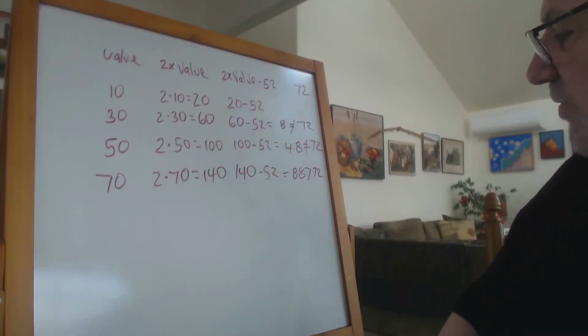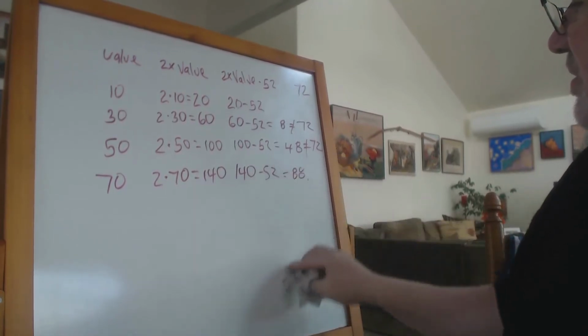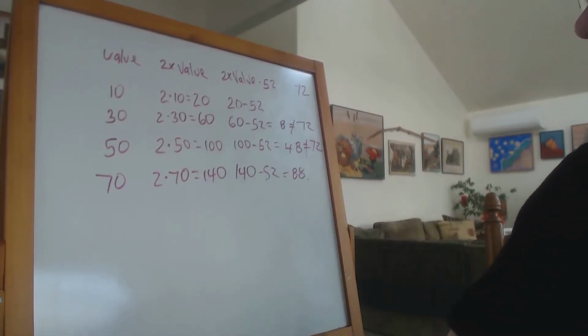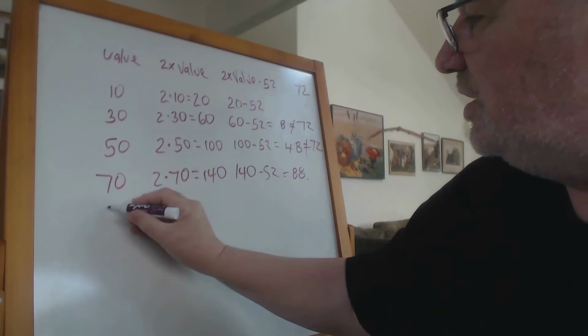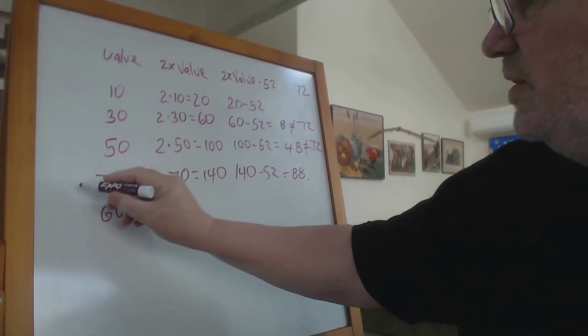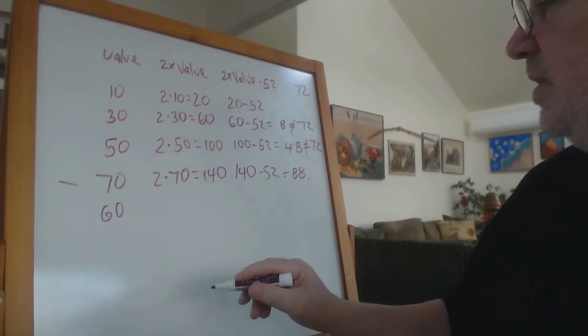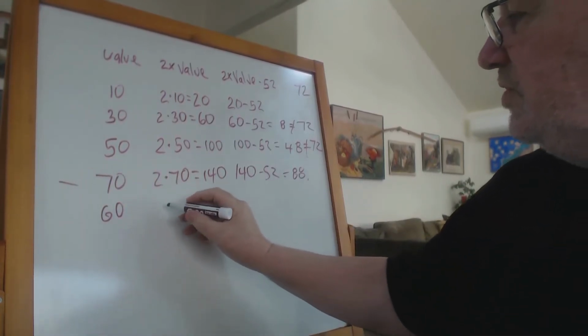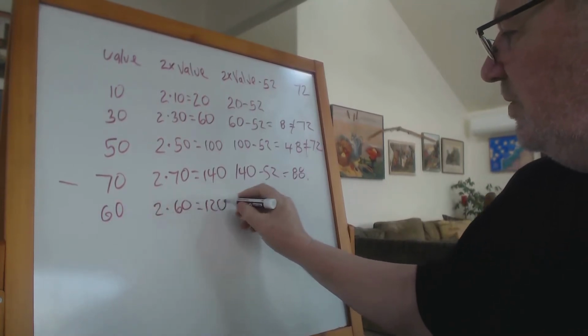So it's between 50 and 70. So now we have to hone in. Let's try 60, because 70 is too big. That's our upper limit. 2 times 60 equals 120.